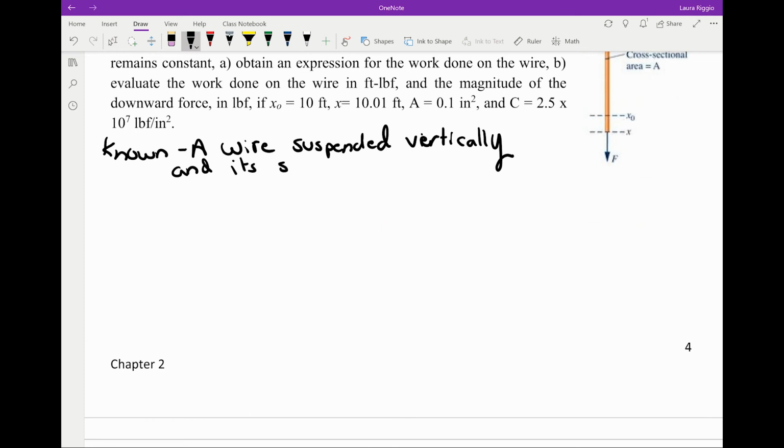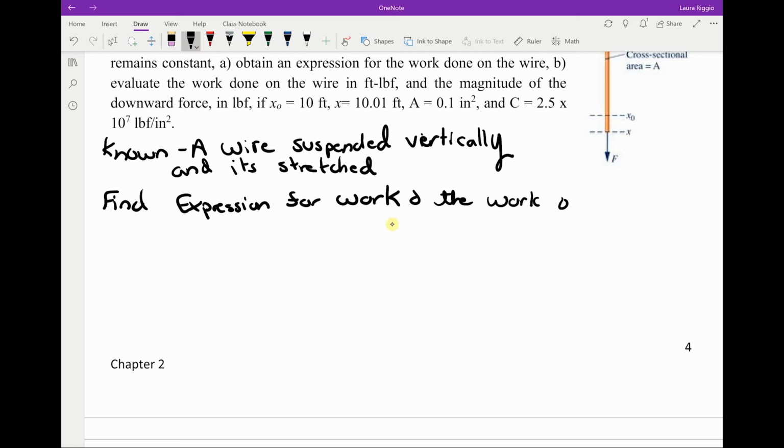And that wire is stretched. We're trying to find an expression for work and the work done.